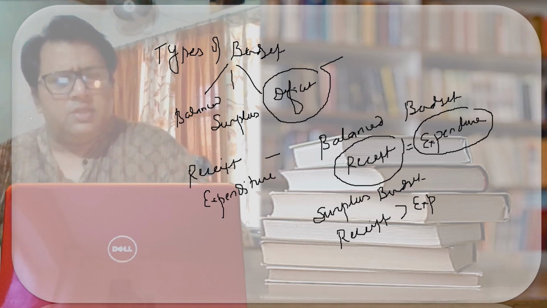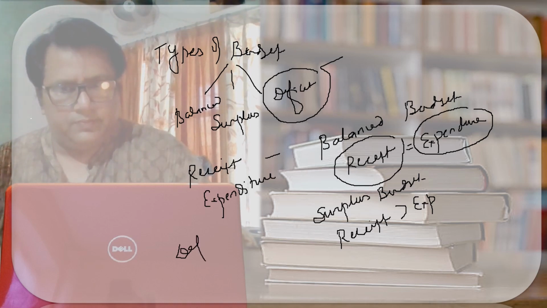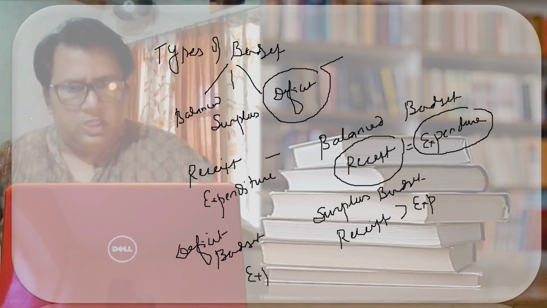Now let us see what is the deficit budget. As I told you, in this particular chapter we will discuss more on the deficit budget. Deficit budget is the situation where the expenditure is more and the receipt is less.